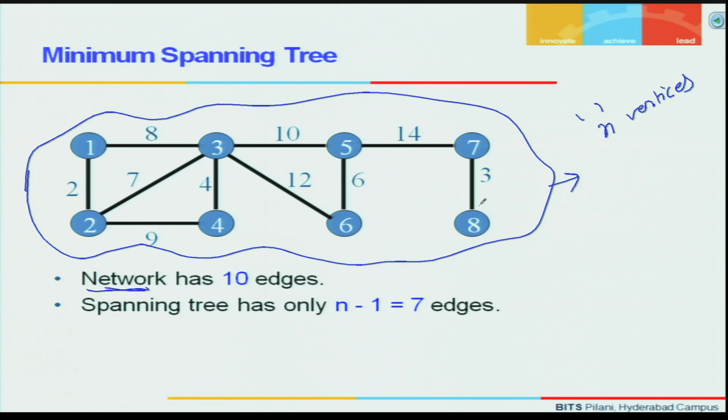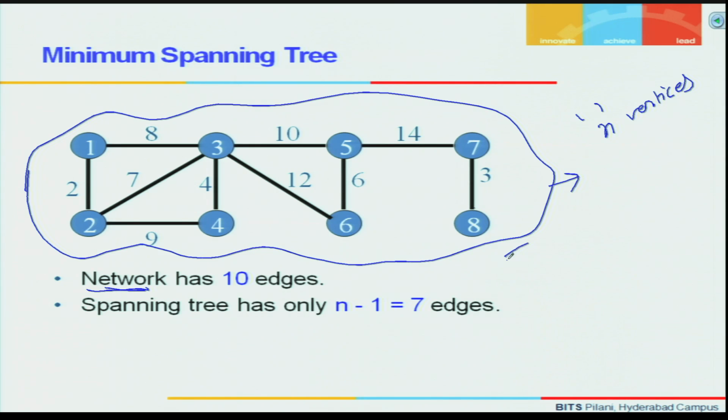So a spanning tree of this particular graph will have all the vertices that are there in the original graph. So the spanning tree will have n vertices, given that the original graph has n vertices. And by the very property of a tree, there are going to be n minus 1 edges in a spanning tree of n vertices.